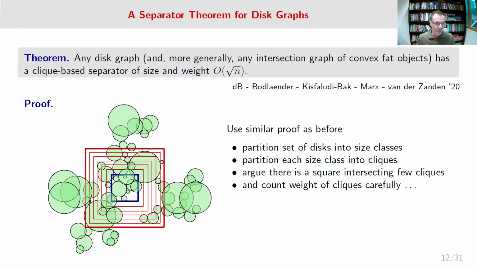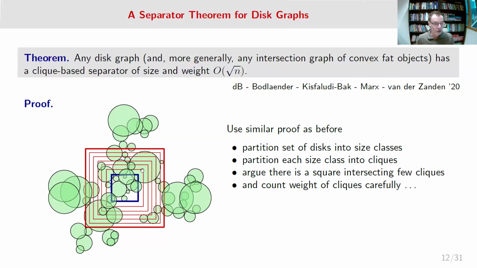If I have a large disk, it's difficult, or it may even be impossible to avoid it with any of your squares. It used to be the case that there were only very few of these large disks, because in the earlier setting, these disks were disjoint.